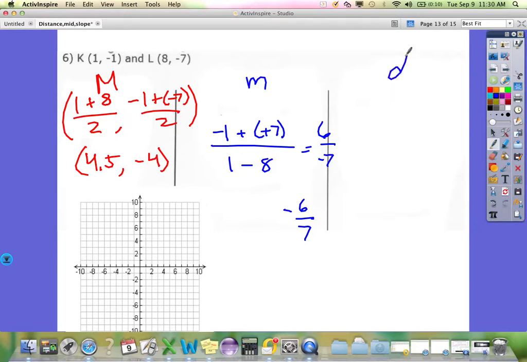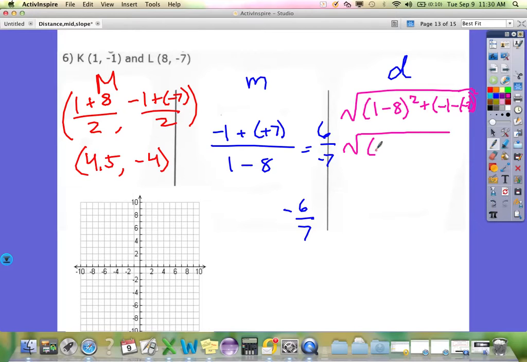And last one, distance. So the square root of x minus x squared plus y minus y squared. So that would be negative 7 and 1, negative 1, that would be 6.